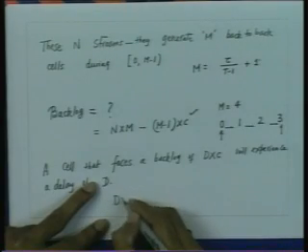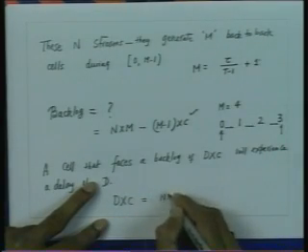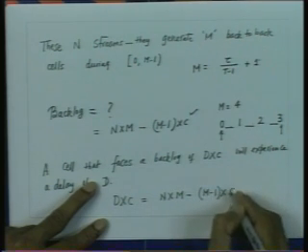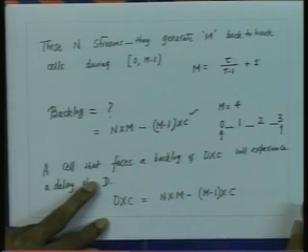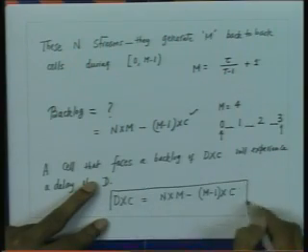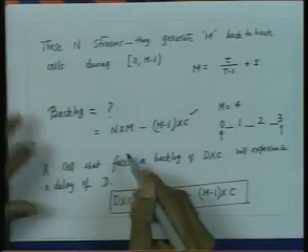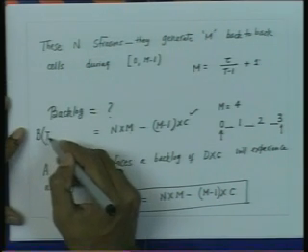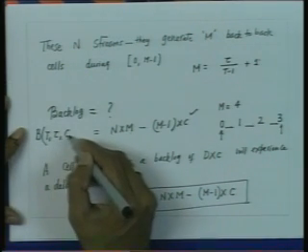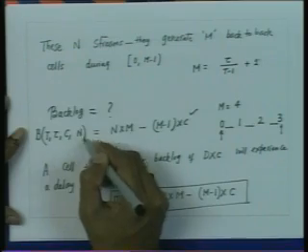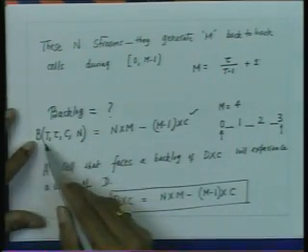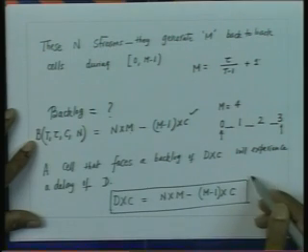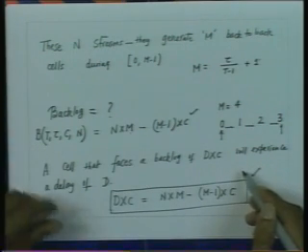D cross C should be equal to n cross m minus m minus 1 cross C. This is our governing equation, what is called the maximum backlog. I can write this maximum backlog as a function of T, tau, C and n. So this is the maximum backlog, and it is equal to this.